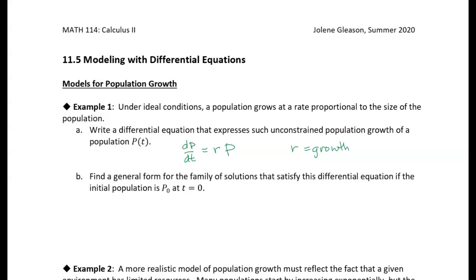So if you think about what r has to be, we've got a rate of change, so this dP/dt is the number of whatever population over time, whereas on this side we know that the P is in terms of the population, so this r is essentially like a fraction of the population per time, and so r is the growth rate.